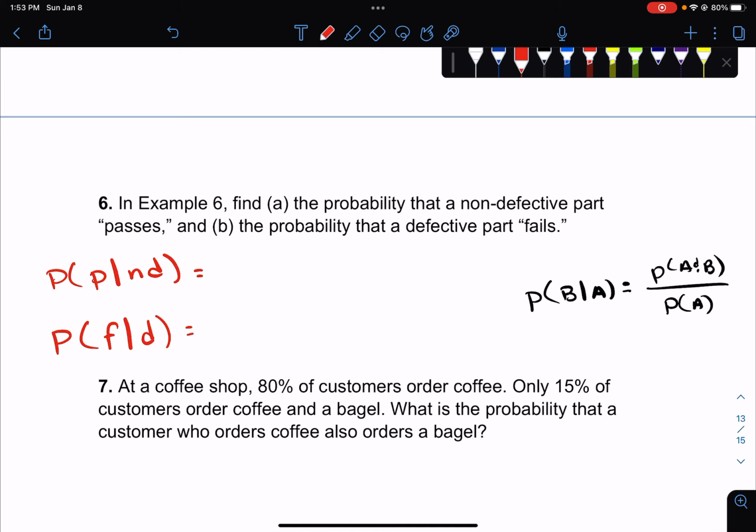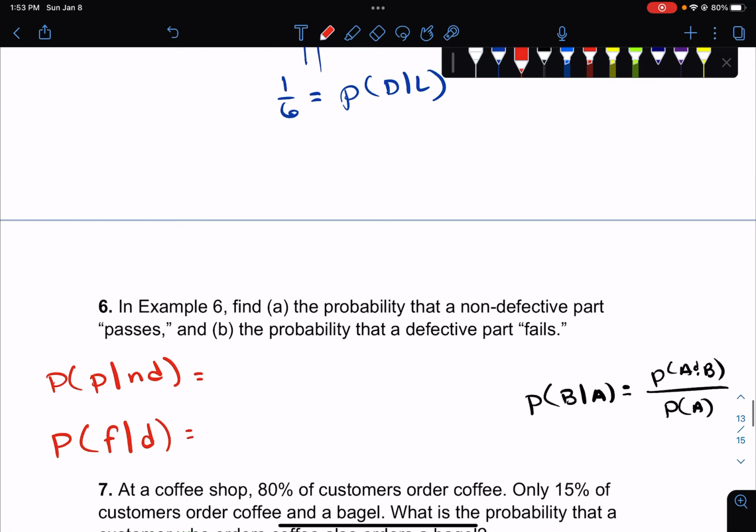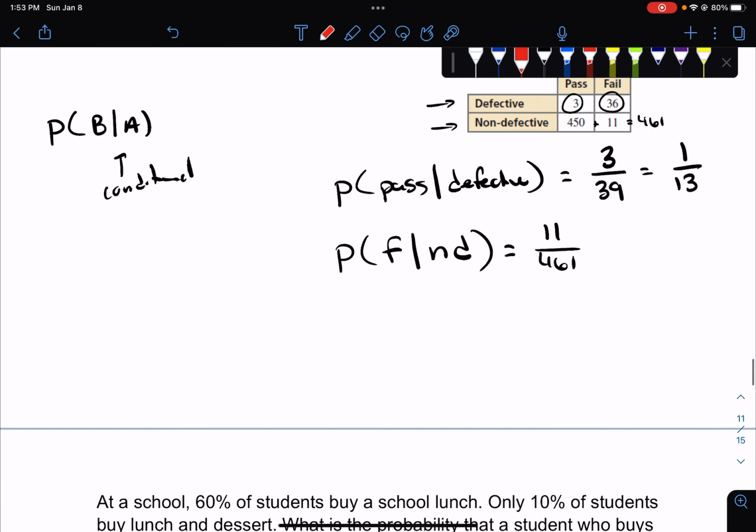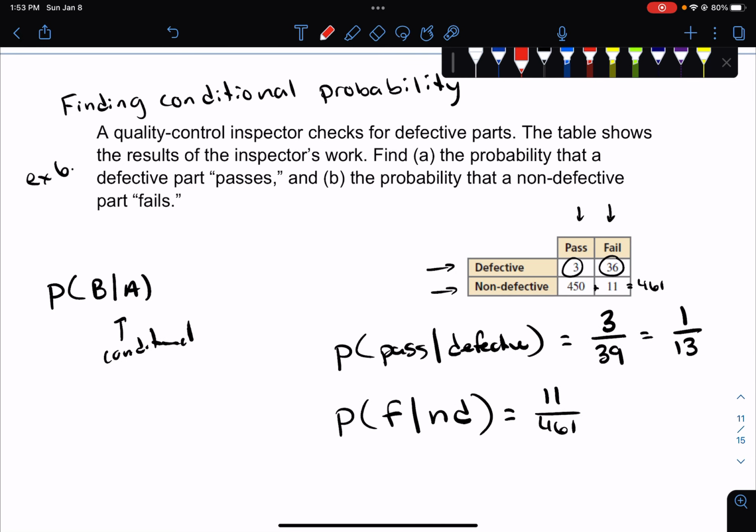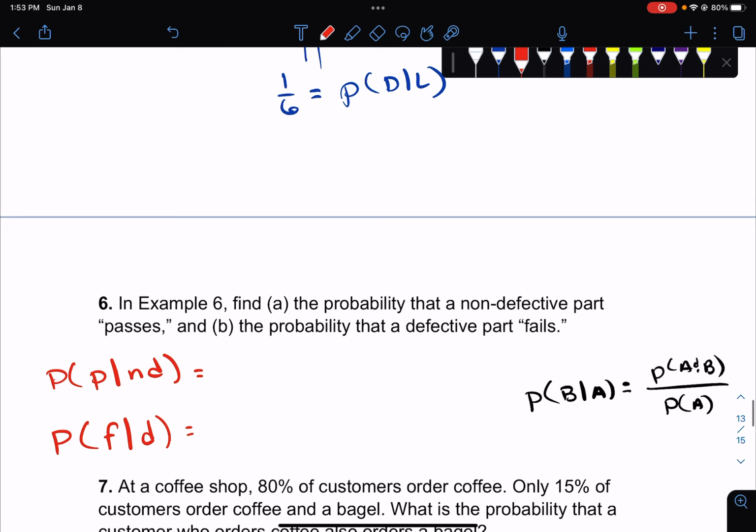Going back up to my table, what are the chances that something passes if it's already non-defective? That's this row right here. It's already non-defective, so there's 461 total. How many of them pass? Well, 450 out of 461. So 450 pass out of the 461 that are not defective.